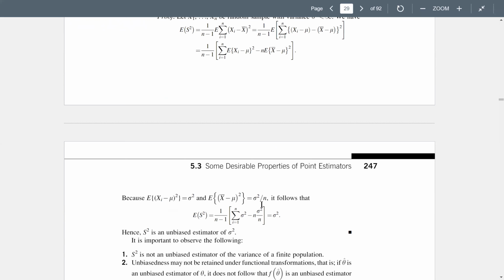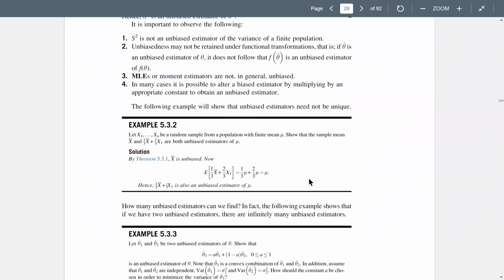Yeah. So that becomes zero. With that you have n minus 1 times sigma squared here in the bracket, but then divided by n minus 1, so you get sigma squared. In other words, that result shows that the difference between the expected value of S squared and sigma squared is zero. So that's an unbiased estimator.